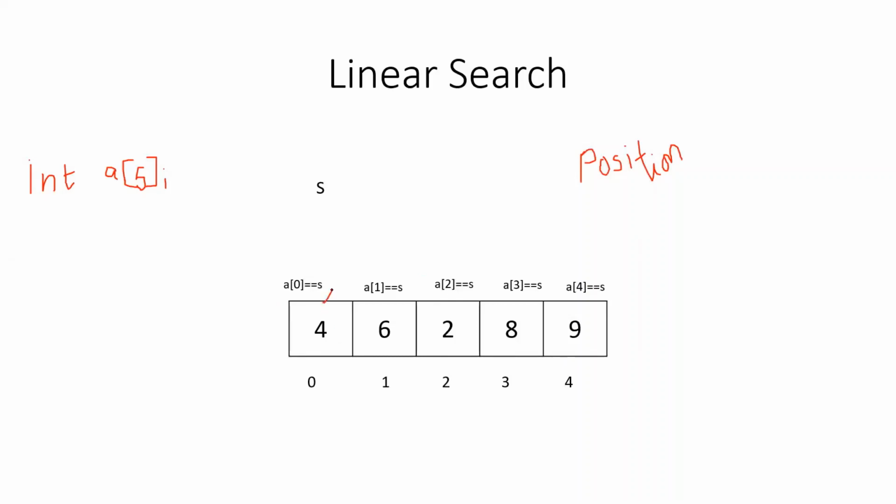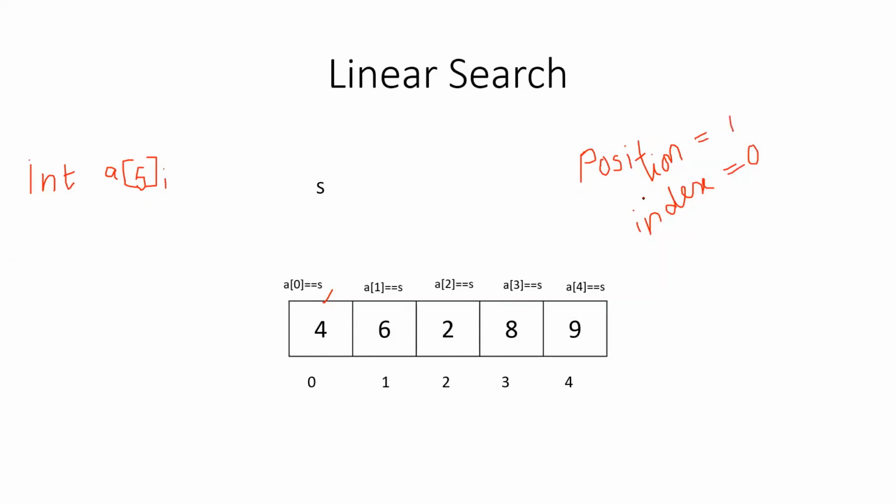Listen carefully, because with the B batch I already fought with them about this position and index. Position of the element 4 is 1. Index number of the element 4 is 0. Are you all getting it?